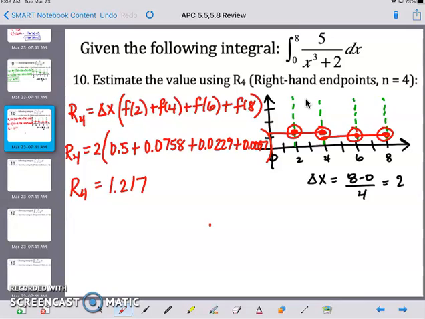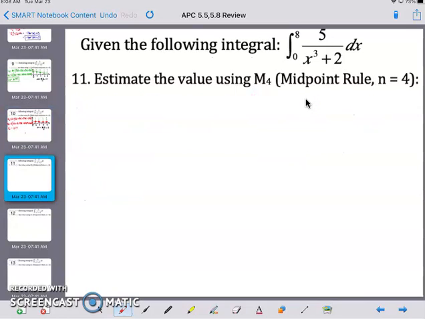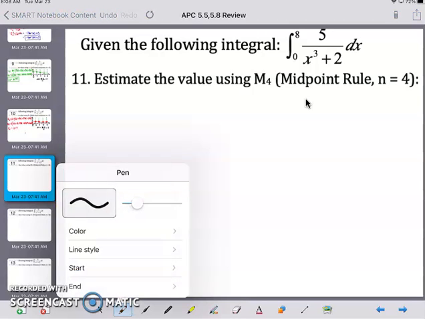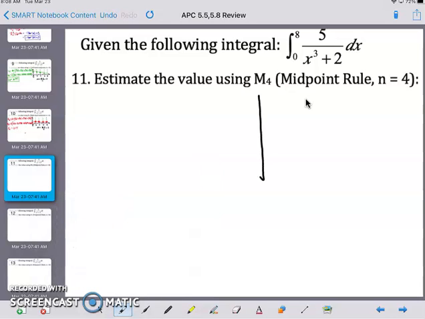Okay, so now let's take a look at our midpoint rectangles and see what we get with that. We should expect that our result from the midpoint rule should be somewhere between what we got for L4 and what we got for R4, right? So again, taking a look at our y-axis here for our problem. 1, 2, 3, 4, 5, 6, 7, 8.